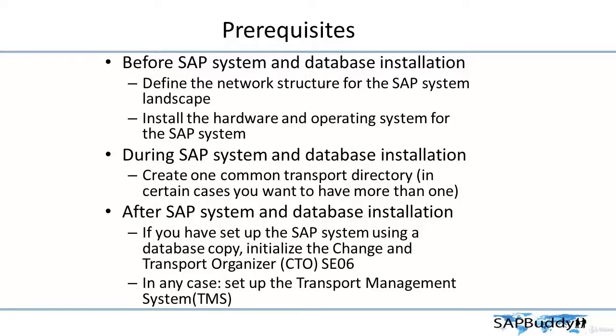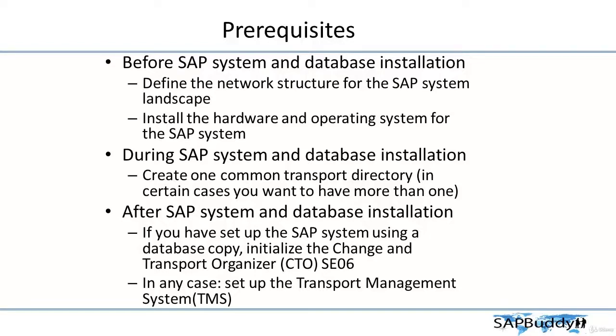However, when we went to the transaction code SE06, we saw a different option which we did not really look into at that time. The option is basically that you can initialize the change transport organizer. You can initialize the TMS system, meaning let's say you copied the SAP system from one SAP system to another SAP system.